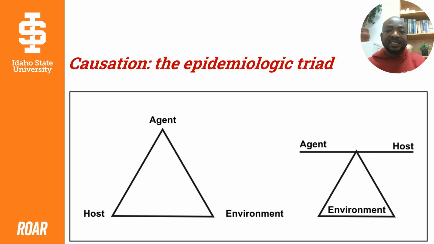However, presence of that agent alone is not always sufficient to cause disease. And a variety of factors influence whether exposure to an organism will result in disease, including the organism's pathogenicity, that is, its ability to cause disease, and the dose of the microbe that the host is exposed to. Over time, the concept of agents has been broadened to include chemical and physical causes of disease or injury.